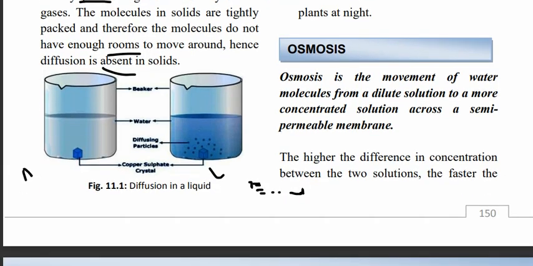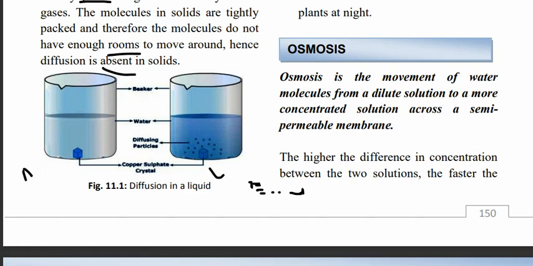This is an experiment to demonstrate diffusion. We have our beaker here, we also have water. We have copper sulfate crystals. So first of all, we put water into the beaker and we place our copper sulfate crystals into it. This is before.